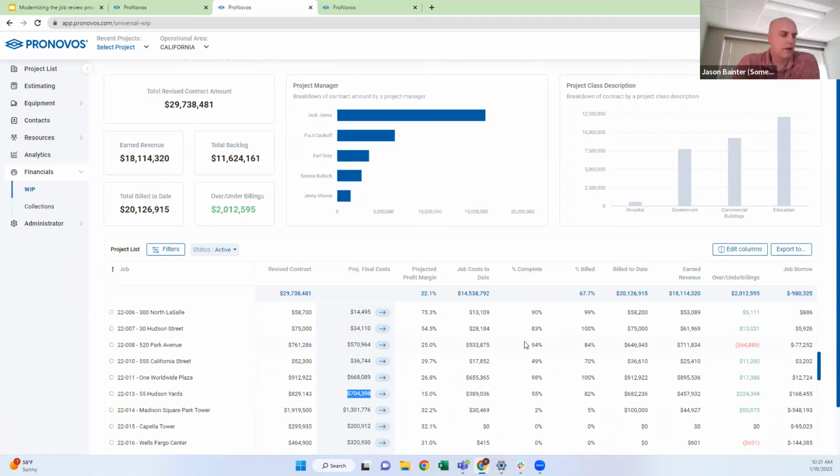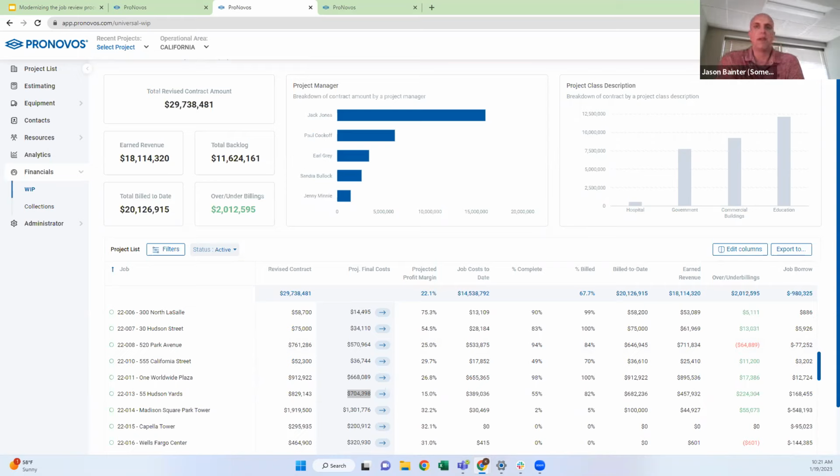So the other things that tie it all together are over and under billings, job borrow, and then basically the cash graph that is within Fornovus. But with over billings, we don't dig too deeply because we want to see contractors have over billings.